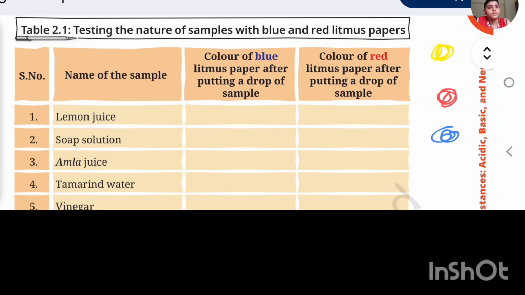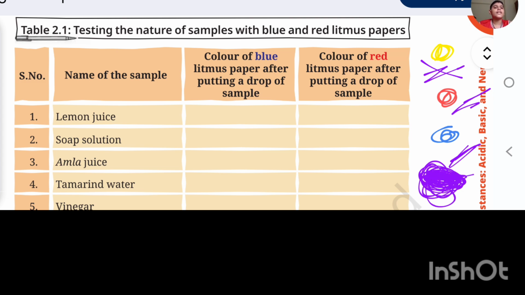Which color shall I use? This one. Okay. Yellow will remain the same. If it is red, it will show red only, and if it is blue, it will show blue only. But which color am I using? No, it is real litmus paper. Real litmus paper is prepared like this, in this color only.